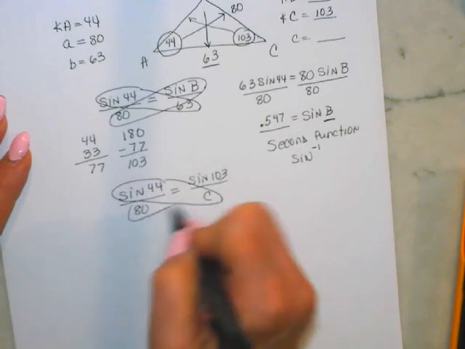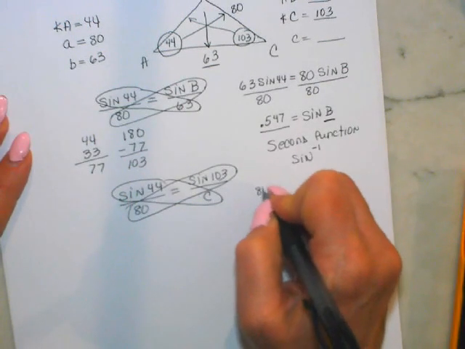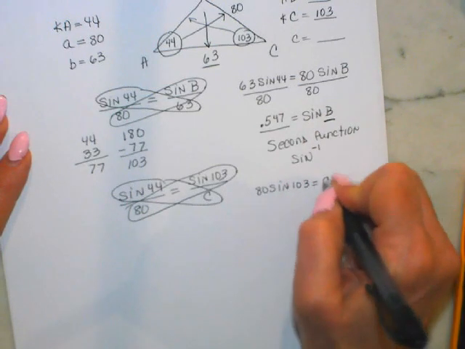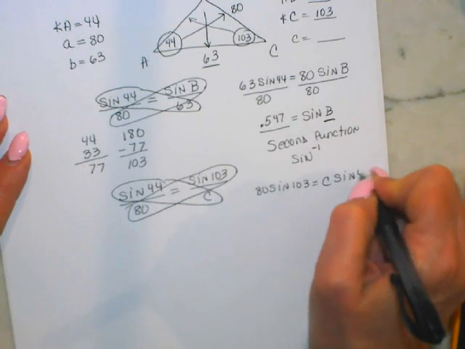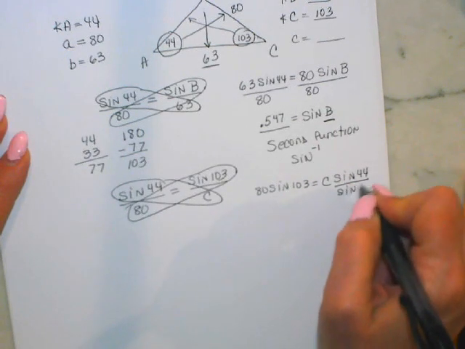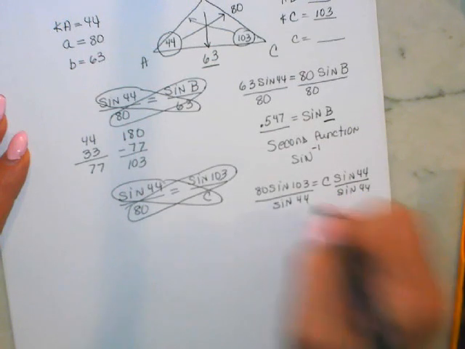Again, cross products. So I will get 80 times the sine of 103 equals c times the sine of 44. I'm solving for c this time, so I'll divide both sides by the sine of 44.